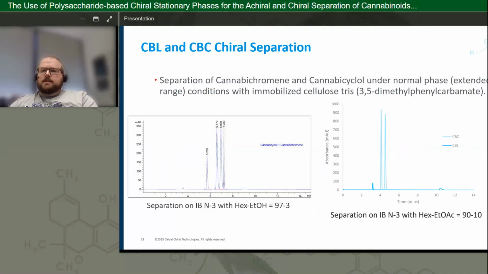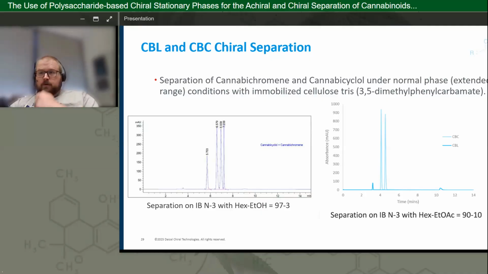Going back to CBL and CBC, I showed the separation on the left previously. On the right, one of the advantages of using some of these immobilized phases over coated phases, and again, I didn't talk about that because we don't have the time, is that the immobilized technology allows us to use some more exotic organic solvents like ethyl acetate and dichloromethane.